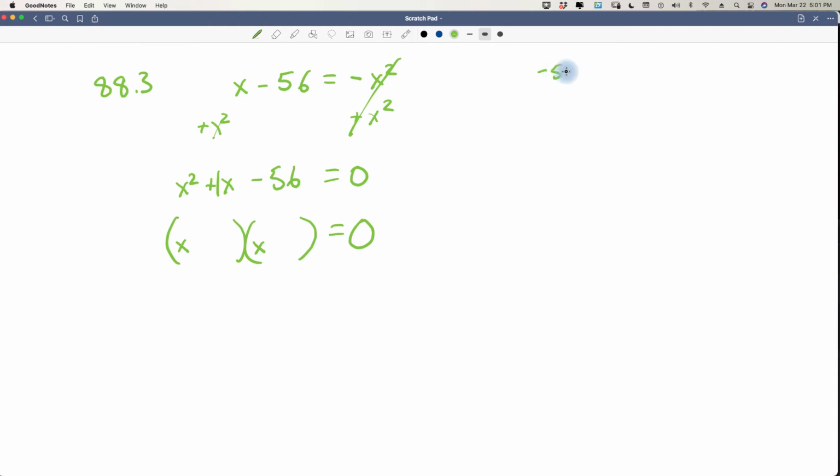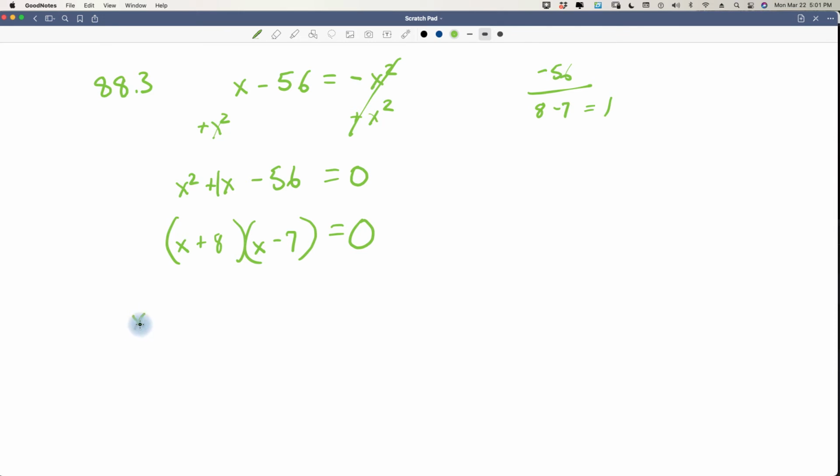It's negative 56. So we need to have a positive 8 and a negative 7, right? So we could also say 2 times 28, but that's not going to get us 1x. Only 8 and negative 7 are going to give us a positive 1. So we're going to do positive 8 and negative 7. Those are the only ones that work.